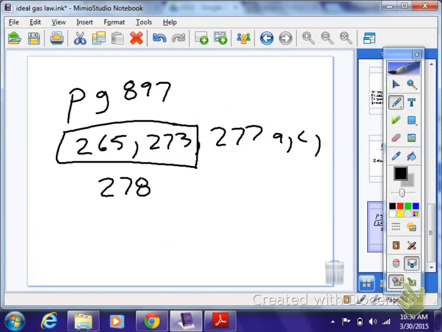And also on your lab, you're doing it on question number 5. Okay? 277 A and C and 278 deal with the ideal gas law, the one we just did. So that's on page 897. There's 5 problems to do for tomorrow. Work on your lab. You guys have about 15 minutes to work on those things. Okay? All right.